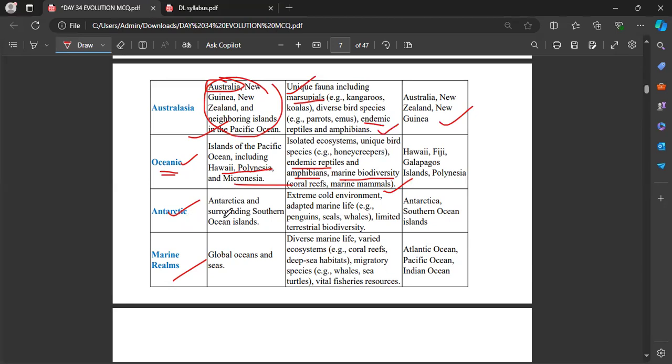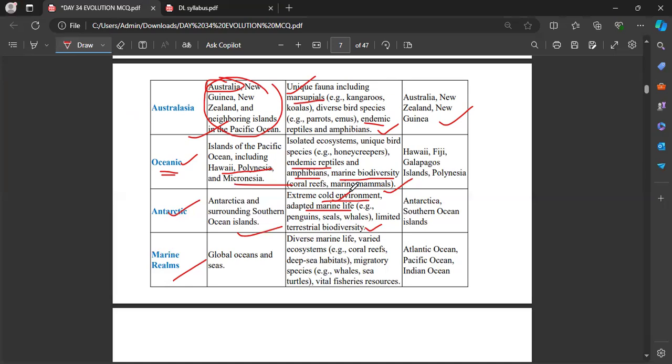Now, the Antarctic region. Obviously, that will be a cold environment. Here, they will be adapted to marine life. And here, terrestrial biodiversity: as it is a colder climate, we can't compare the colder environment and the hotter environment, because in the hot environment, in the tropical climate, we have a rich biodiversity when compared to the colder climate.